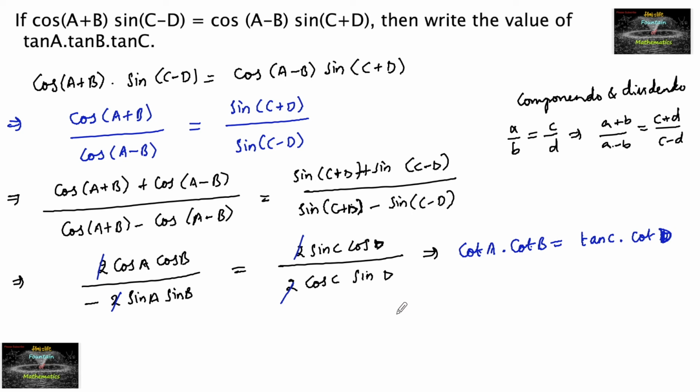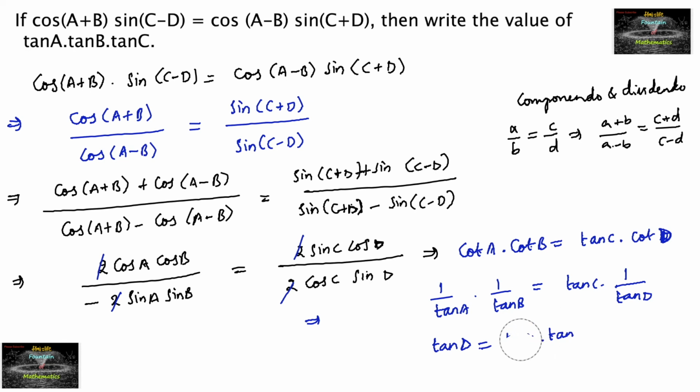Or we can also write this as 1 upon tan a into 1 upon tan b, which is equal to tan c into 1 upon tan d. So on cross multiplication, we'll have tan d is equal to tan a into tan b into tan c. So we can give the answer tan a tan b tan c is equal to tan d.